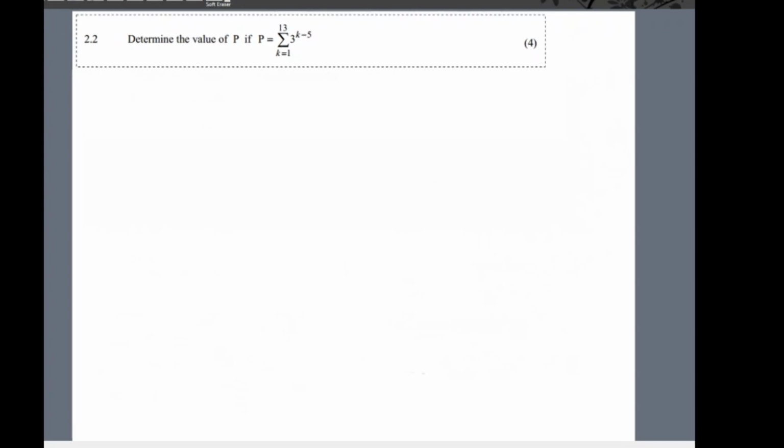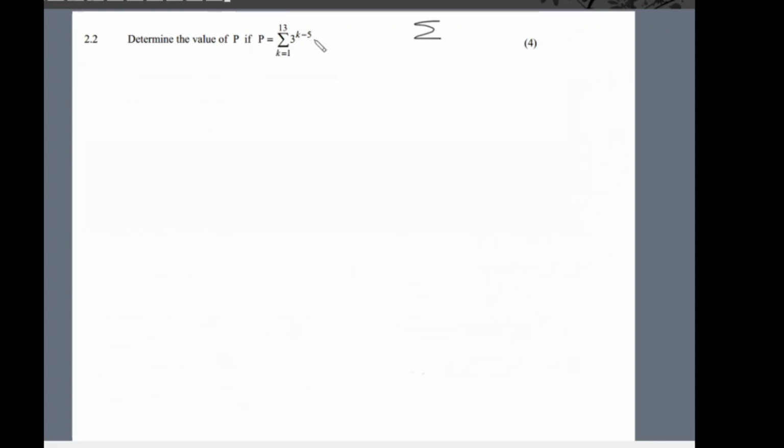So in 2.2, we must determine the value of p if p is equal to this sigma notation here. So you are given a sigma notation. Sigma means we are summing. This sign means we are adding. So we have p equal to this addition, right?